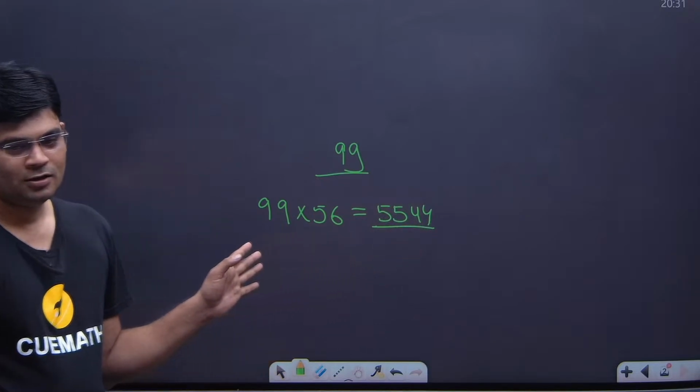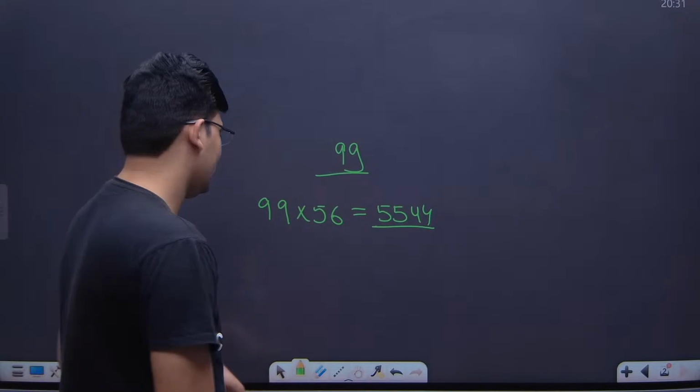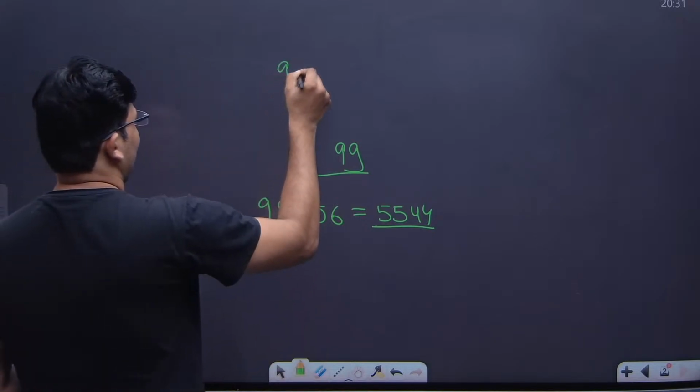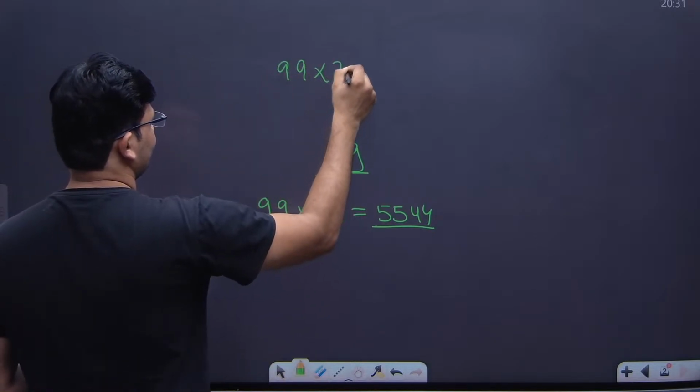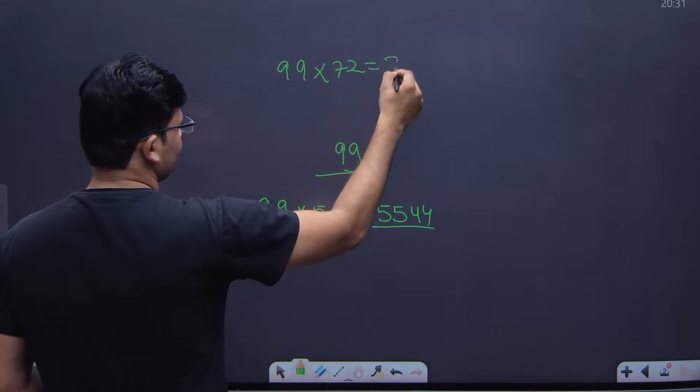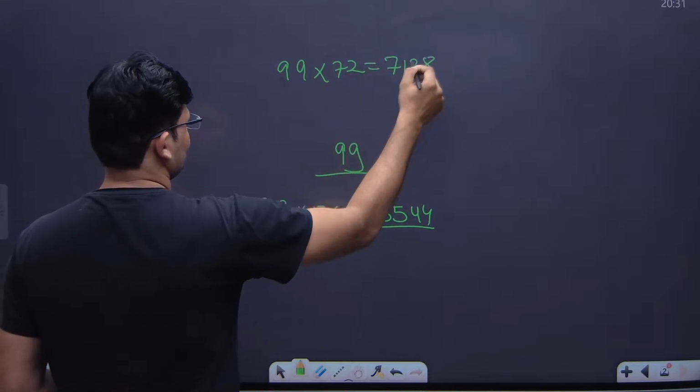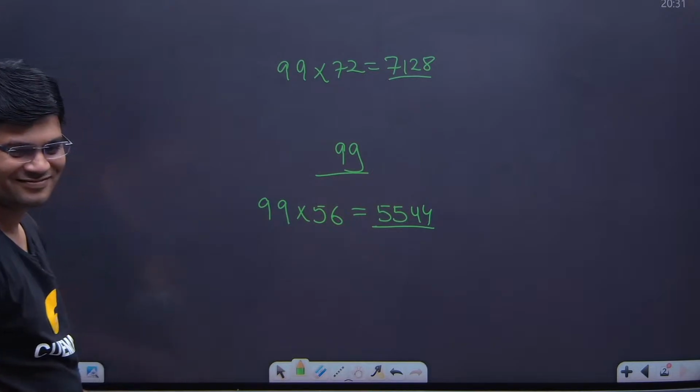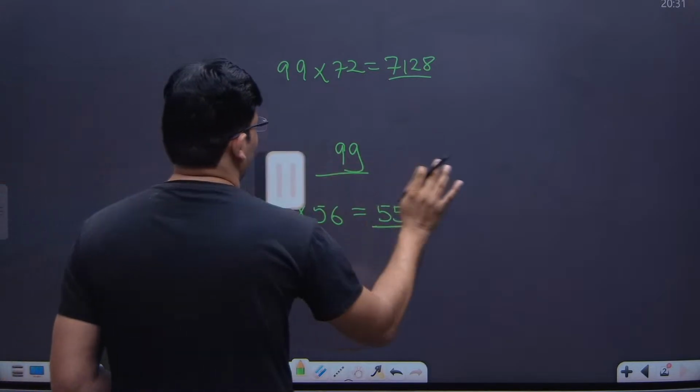All right, you know this? Yes. Okay. Tell me, 99 into 72? 7,128. Okay, great, well done.